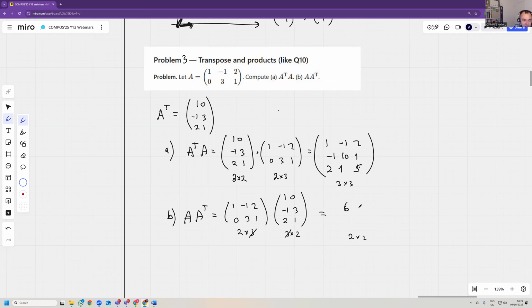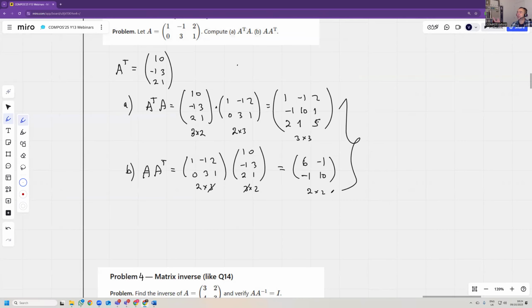Minus 3 plus 2 is minus 1. Minus 3 plus 2 is minus 1. 9 plus 1, 10. So that is there. So clearly they're different. They're even matrices of different size, right?